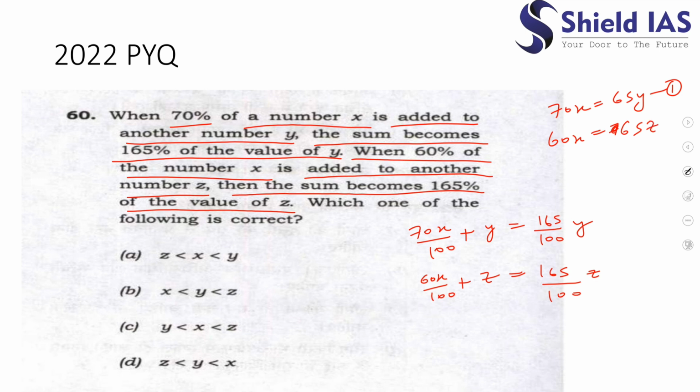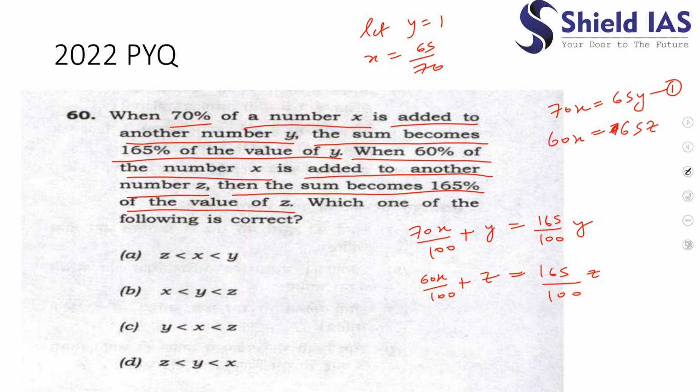Yes. Now let us take some value. Let y be 1. So what would be the x? Value of x would be 65 by 70. And what would be the value of z? Let me do it this way.